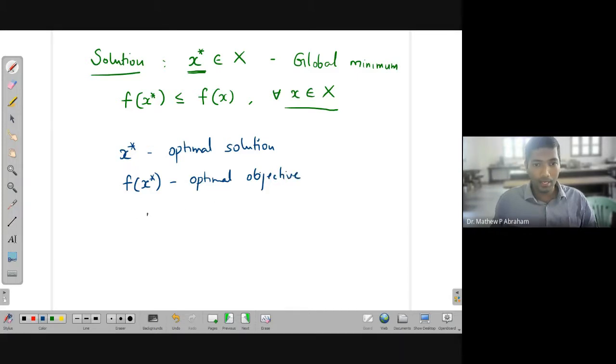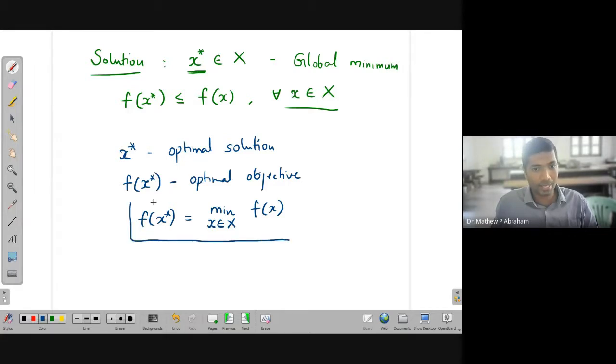Hence, in a neater way, I can write f of x star as minimize f of x, and sometimes I'll write it like this as well, x element of capital X. So I'm avoiding 'subject to' and so on. So f of x star is the minimization of f of x with x subject to capital X, and x star is written as the argument of this: argmin of f of x with x belonging to capital X. These are two different things.